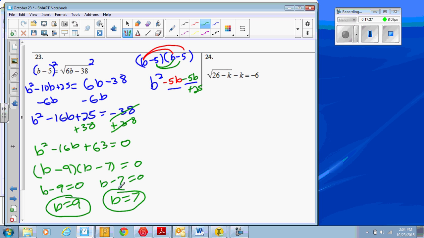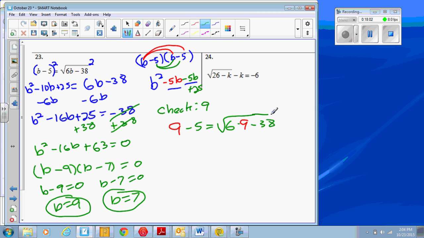So when I put the first one in, first I'm going to put 9 in there. So I'm going to check 9. So that's going to be 9 minus 5 equals square root of 6 times 9 minus 38.